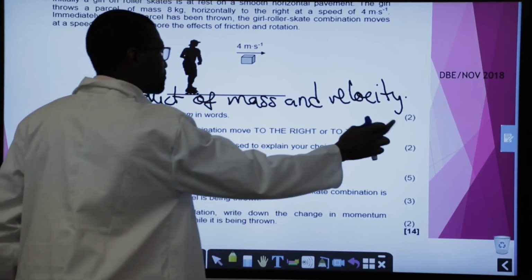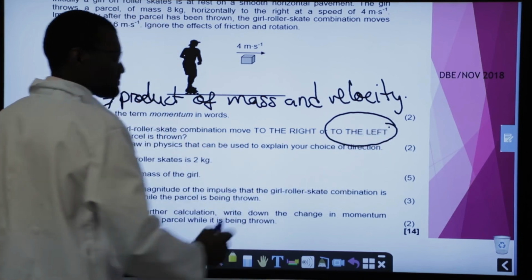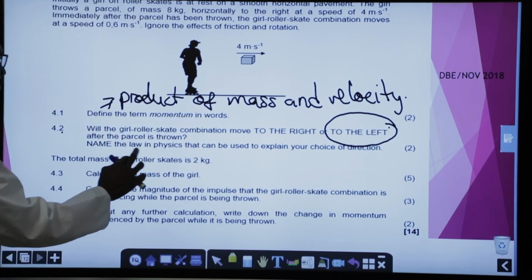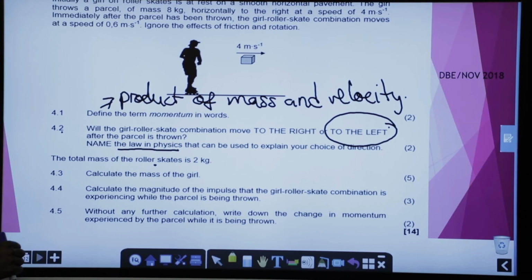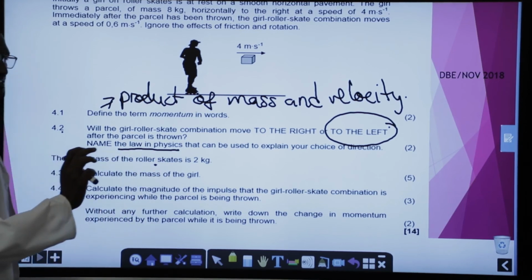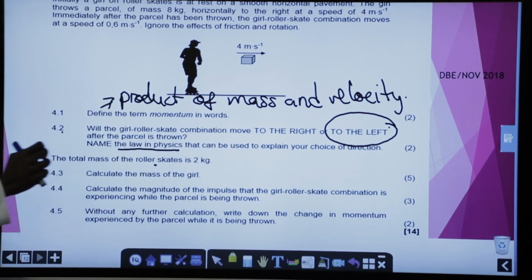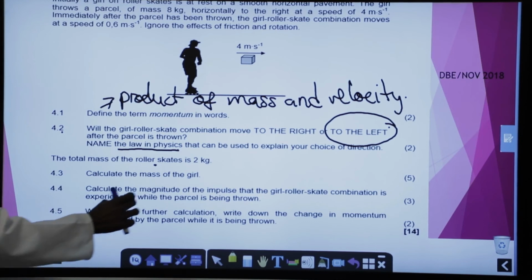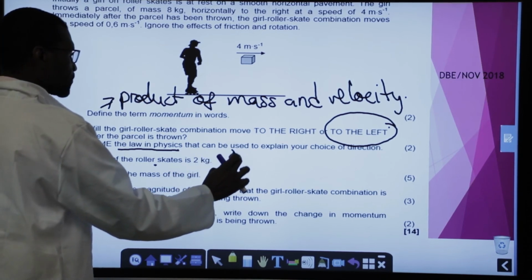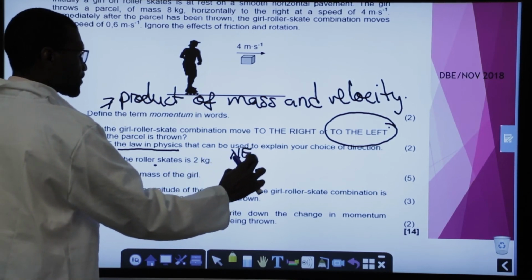She is going to move to the left. It is a law of physics, right? Which law of physics is that? That says when a force is applied, there's an equal but opposite force. That will be Newton's what? Third law.